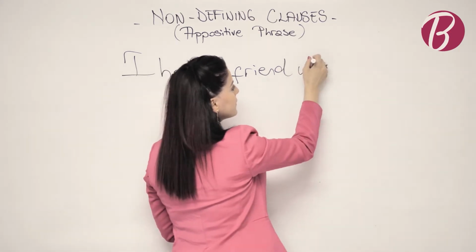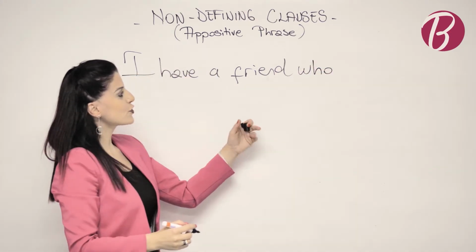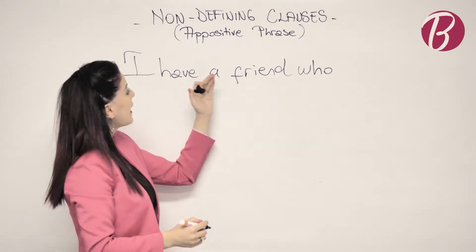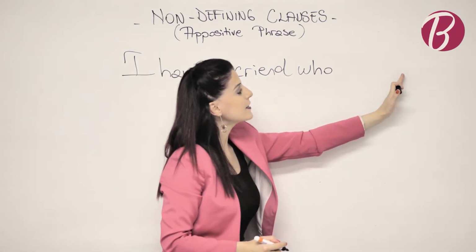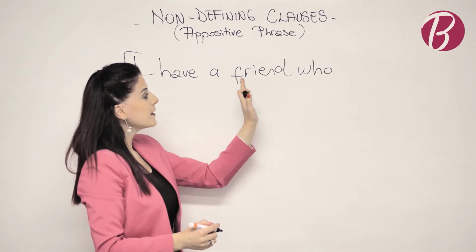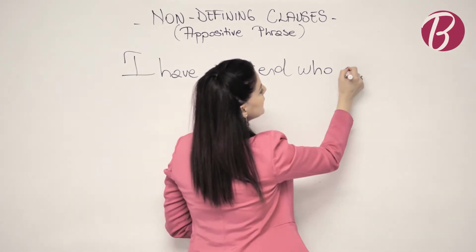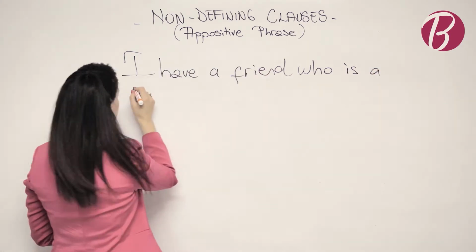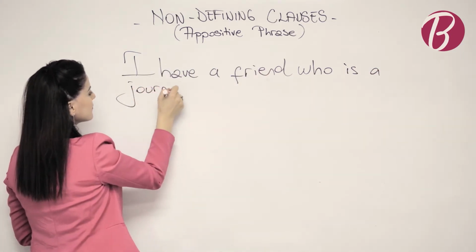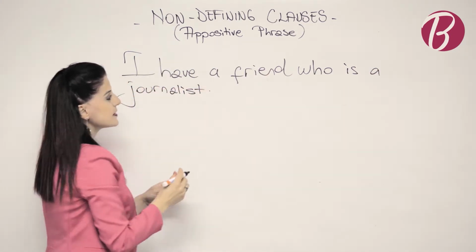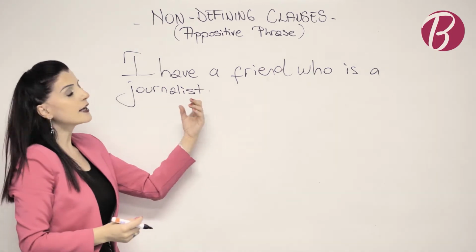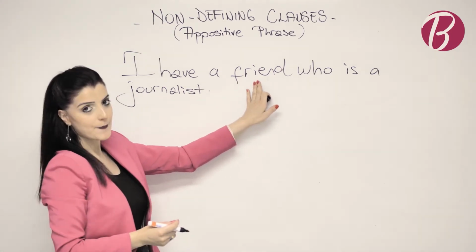So in defining part, we put who or that, and I'm giving information to describe this part. I have a friend who is a journalist. This is a kind of defining information about this guy.